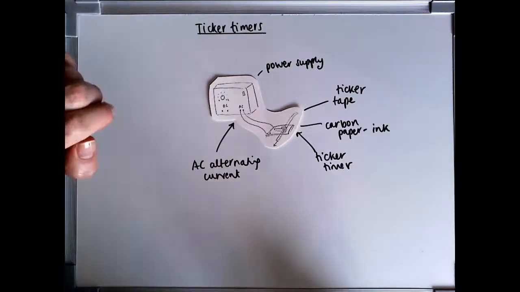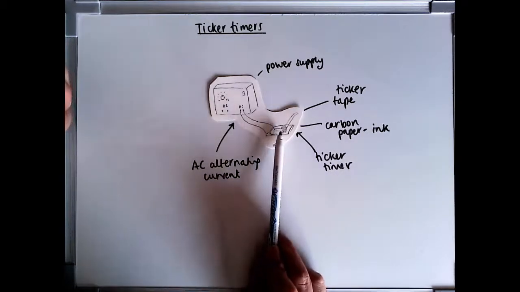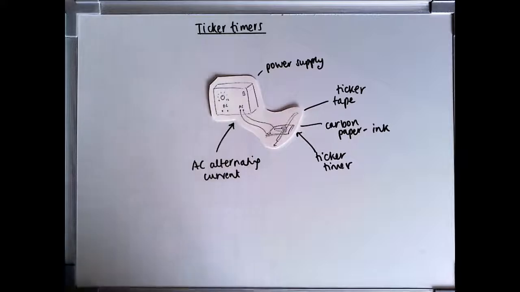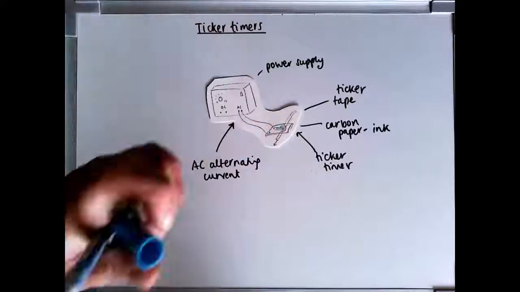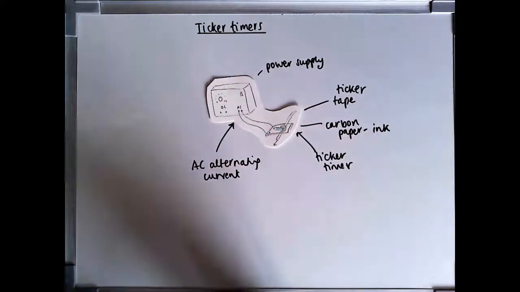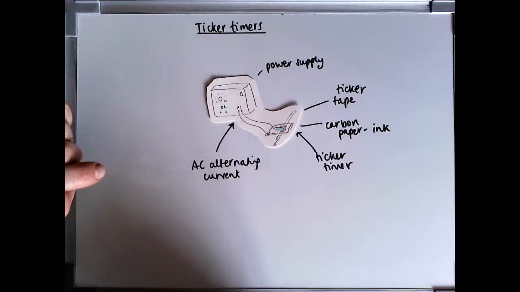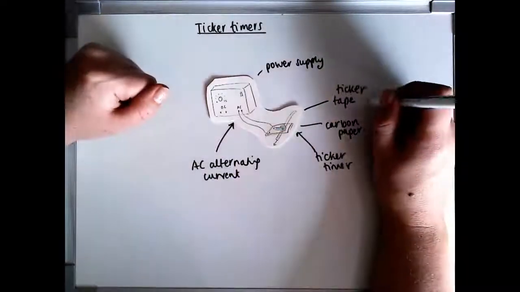So basically how the ticker timer works is there's a little magnet, and there is a metal plate there that I've just coloured in blue, and that vibrates up and down repeatedly because of the changing current, and so when it vibrates up and down, it's physically hitting the carbon paper repeatedly, like this.